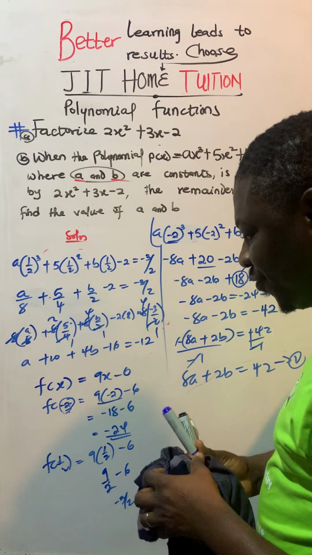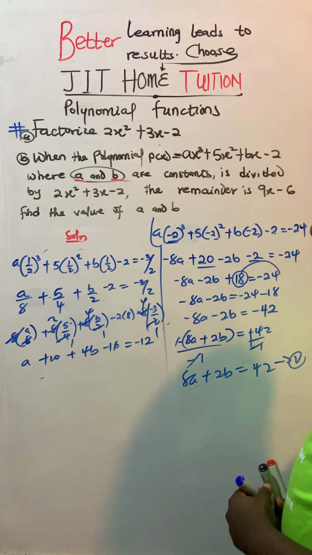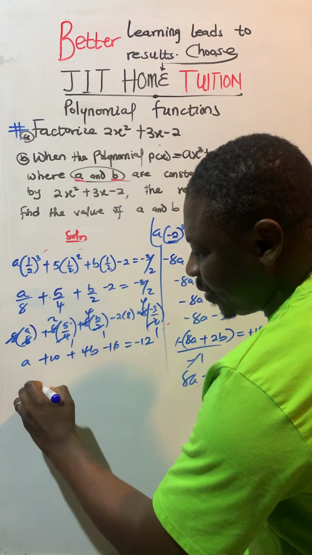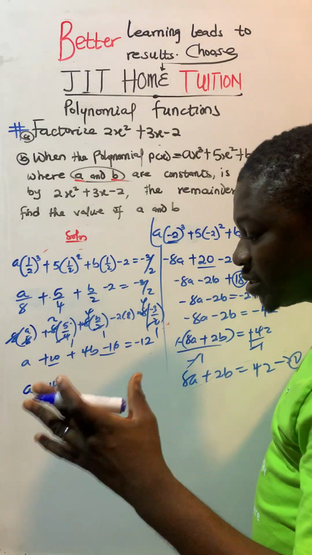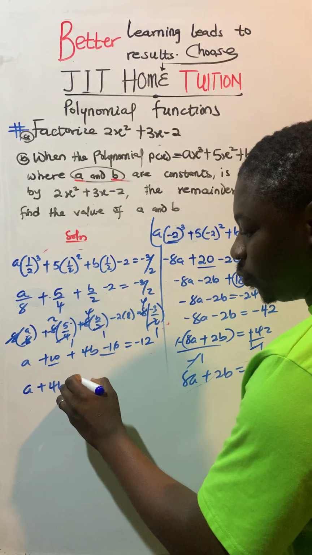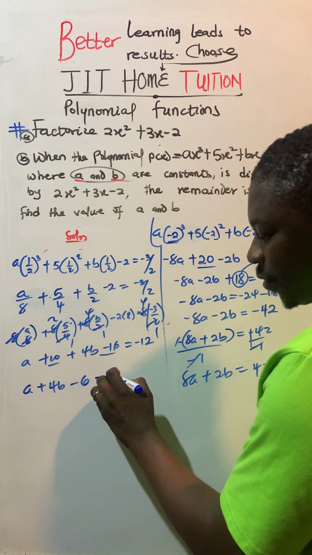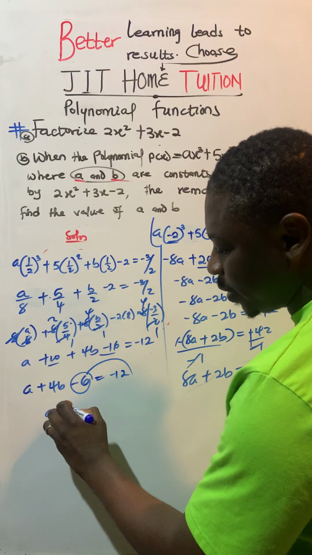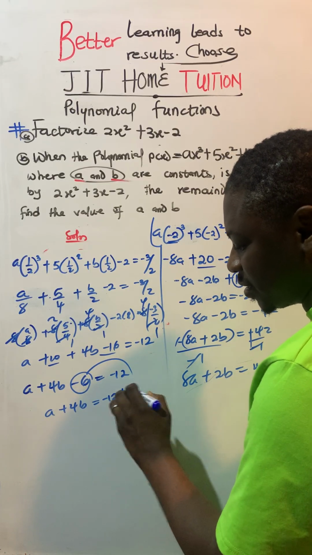Guys, I hope you are following. I know that it's quite lengthy, but if you take your time to understand it, it will be amazing and great. So here you have a plus 4b. Then this one and that, you try to simplify. So that will give you -6. All right. Then you have -12. So this one will move to this side, giving you a plus 4b equal to -12 plus 6.